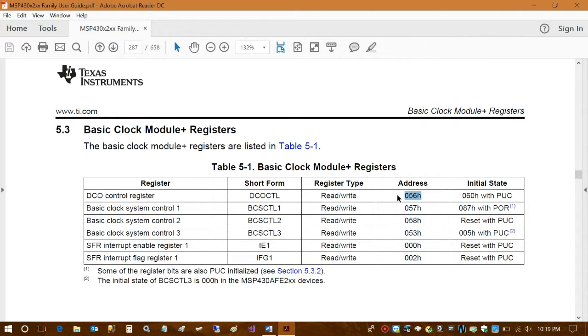These are 8-bit peripherals, so there are only 8 bits that you need to configure, not 16 bits. And the initial state is the value which, in hex, you're going to get back if you read this register. Suppose you read DCOCTL in the initial state, then you are supposed to get back 0x60. So that we will see next.